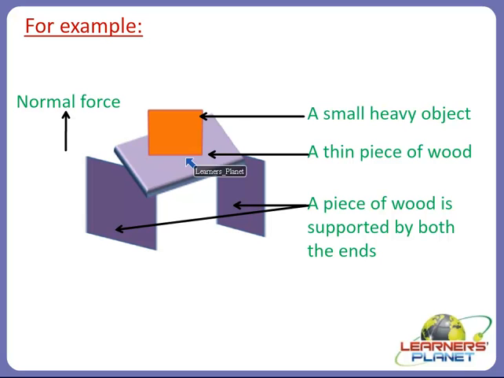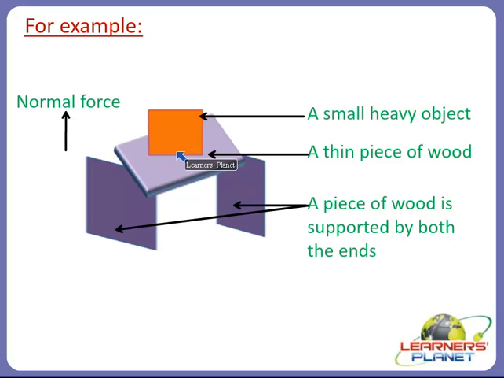Yes, obviously the wood wants to straighten out, so it exerts an upward force on the object, and this upward force is termed as normal force. That means we can feel the force by ourselves if we push down in the center of the piece of wood.